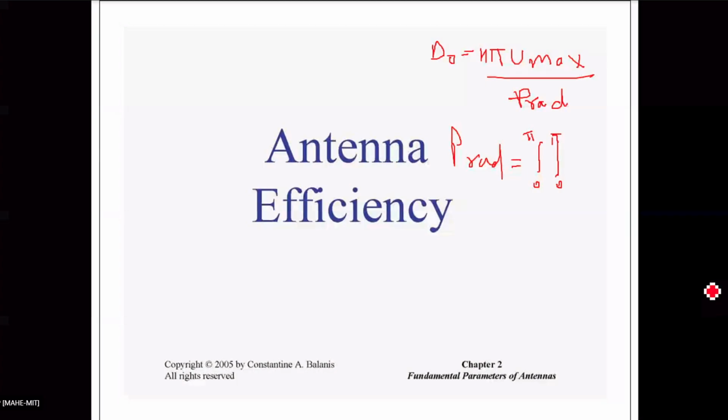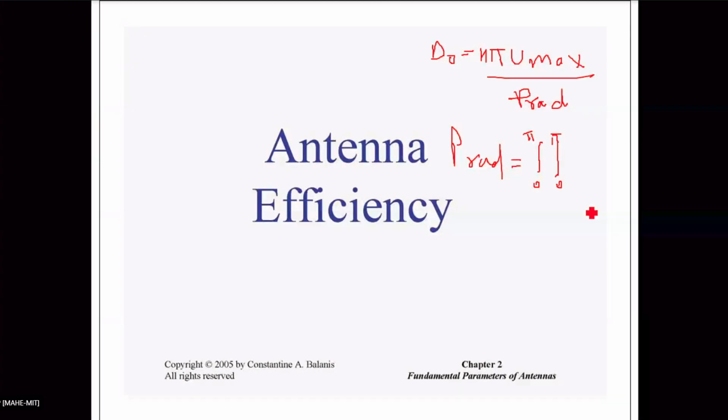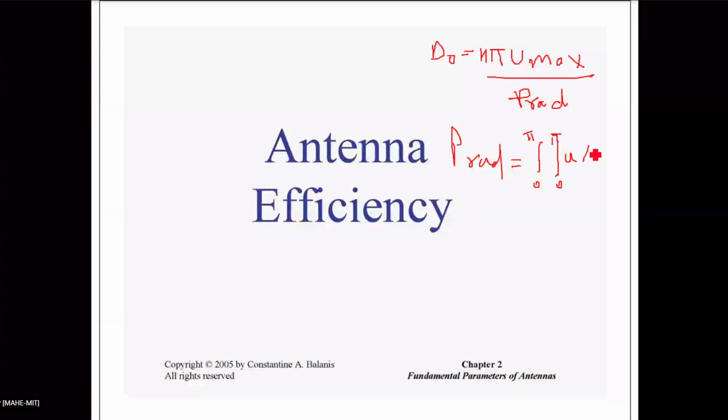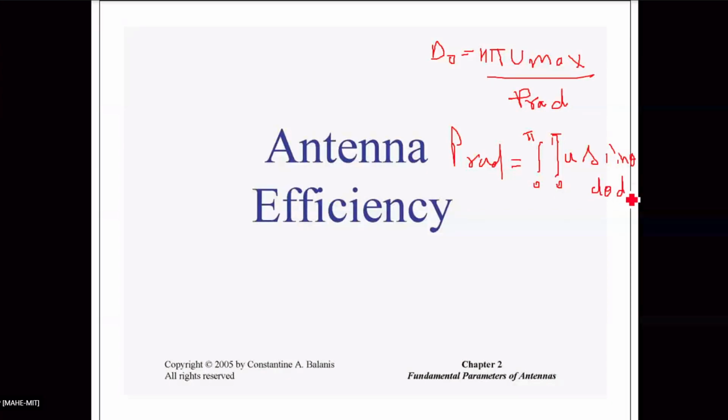So what do you get as P rad? You get P rad as pi square by 4. Is it okay?